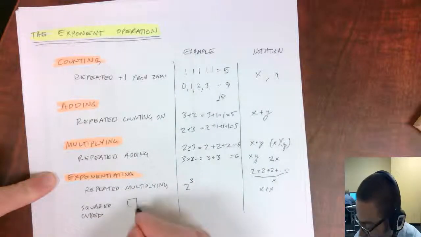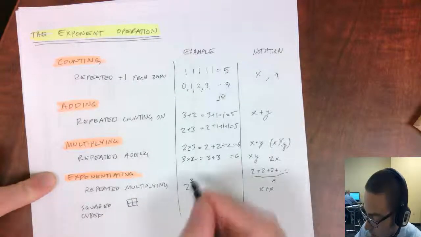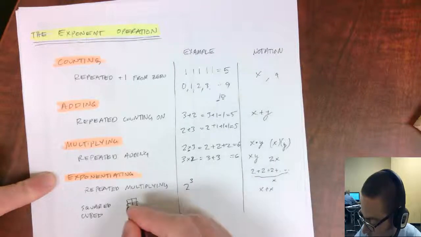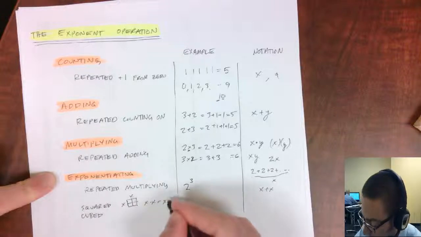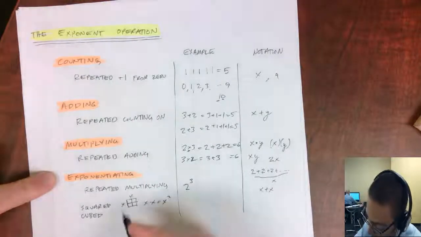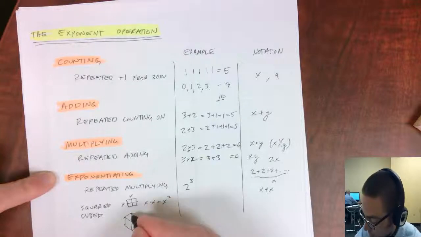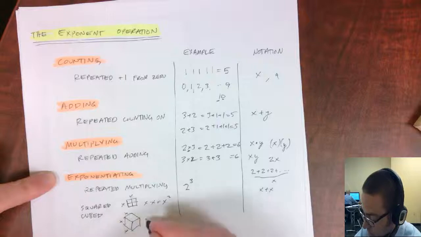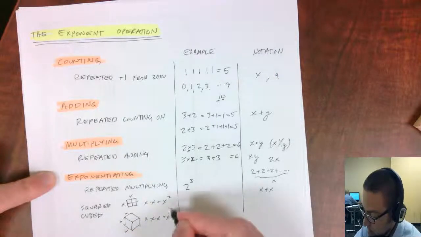Because for squares, you take one side times the other side, and it's the same thing times itself. So we have this side's x and this side's x. It's x times x, or we call it x squared. And then cubed also has a unique thing in geometry where you have a cube that has all the same sides. So x, x, and x. You do x times x times x to get the volume of something, and that's x cubed.